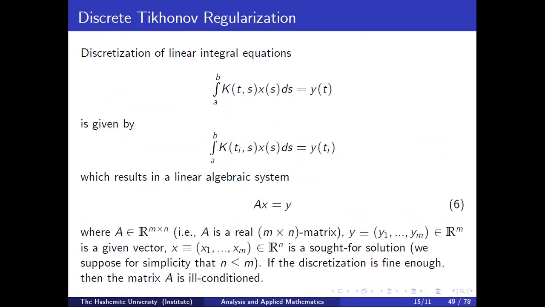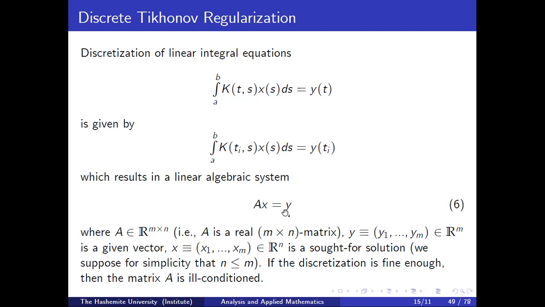Here, let me give you just a small example. This is a discretization of a linear integral equation. This is a linear equation, and X is the unknown here, and we want to recover X. In many experiments, we don't have Y, but we have measurements of Y. And if we now discretize this using collocation at ti, for example, so we have here k at ti and y at ti, this integral, then replace the integral by a quadrature method, you will transform this problem into a linear system.